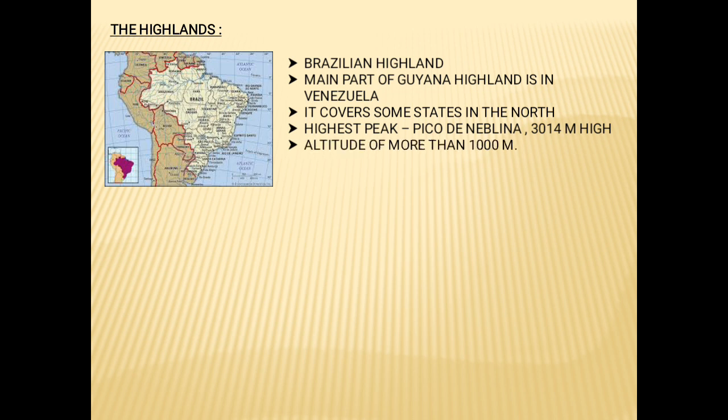The regions to the east and south of the Brazilian highlands have an altitude of more than 1000 meters, but in other parts the altitude is between 500 and 1000 meters. The highlands gradually slope towards the north and the slopes are not very steep.